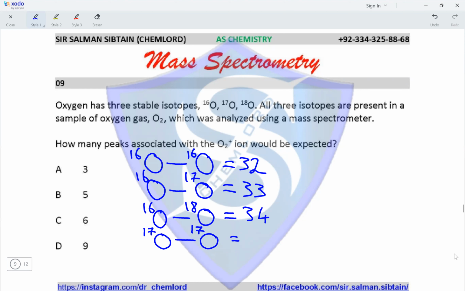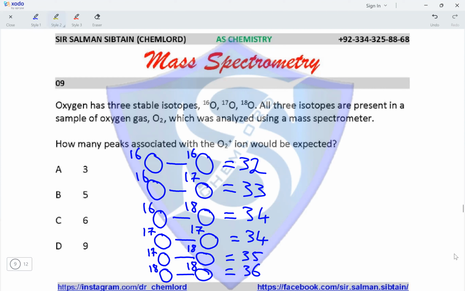This also gives us a mass of 34 for the molecular ion. A fifth possibility would be the first atom being O-17 and the second one being O-18, giving us a mass of 35. And the last possibility would be both oxygen isotopes in the molecular ion having a mass of 18, giving a peak at a mass of 36.